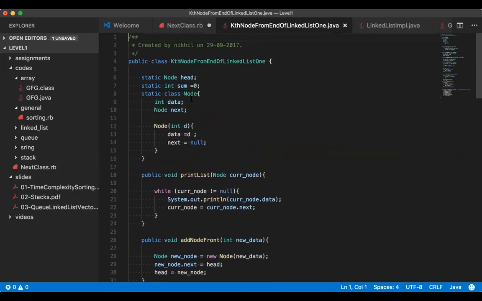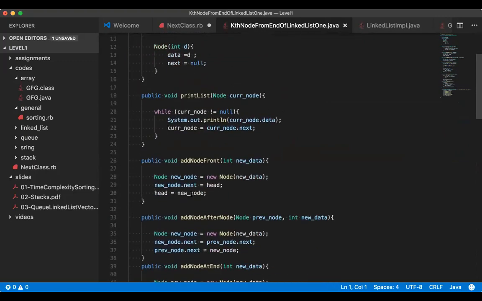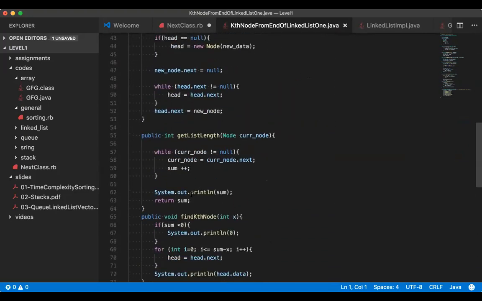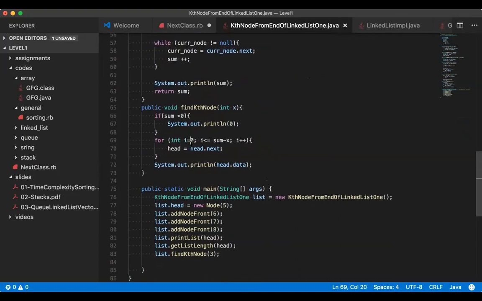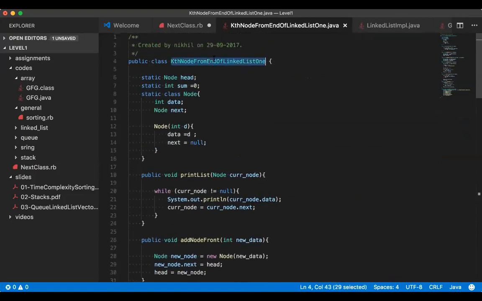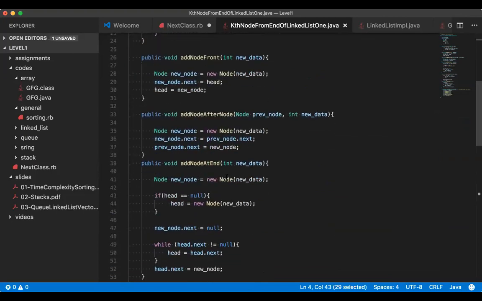Okay. This is kth node from linked list. This is one solution you have also given. Let me find kth node. This is your find kth node. No, this is kth node from start, I guess. Oh yes. One second. Kth node from last.